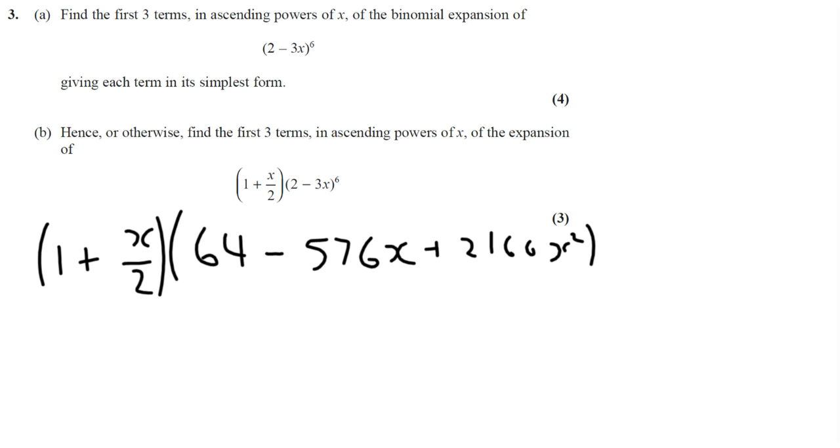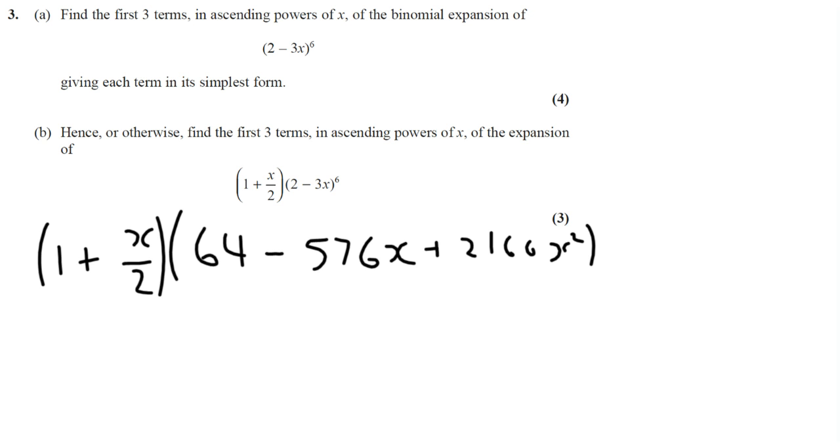Right, so now we're going to multiply out these brackets, okay? Now, you're probably used to expanding double brackets where you've got 2 terms in each bracket. All that's different here is you've got 3 terms in the second one, so we're going to have to do 1 times 64, 1 times the minus 576x, 1 times the 2160x squared, and then you're going to multiply all those terms by the x over 2 as well.